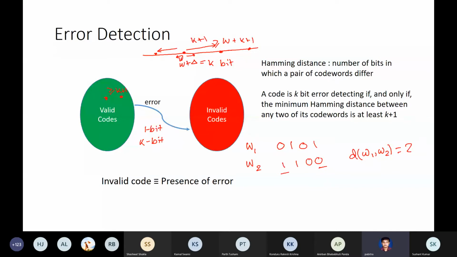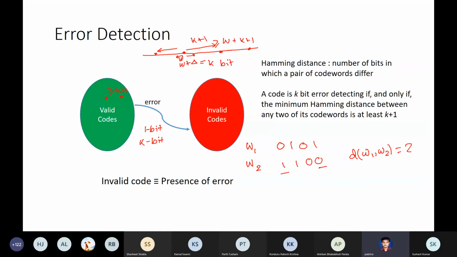So this is what we need: if you want to detect k bits of error, the Hamming distance between two valid code words should be greater than or equal to k plus 1. So in order to detect a 1-bit error, you must have a Hamming distance of at least 2 between two code words.